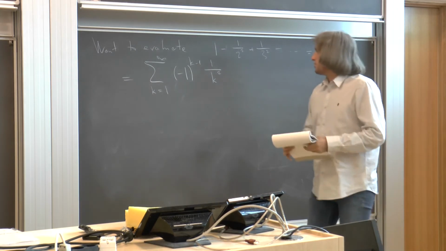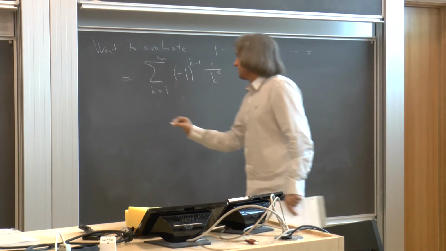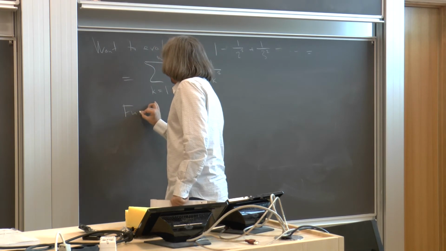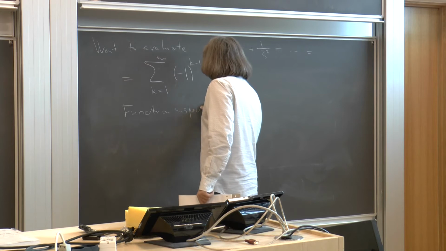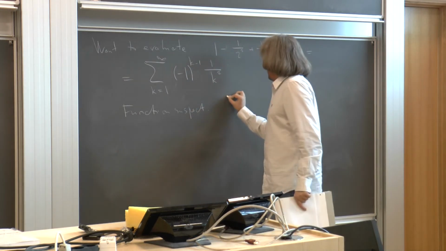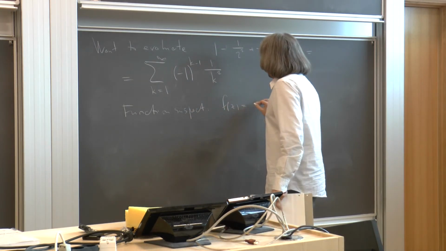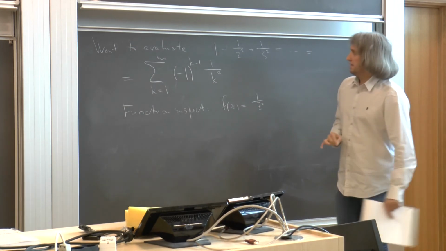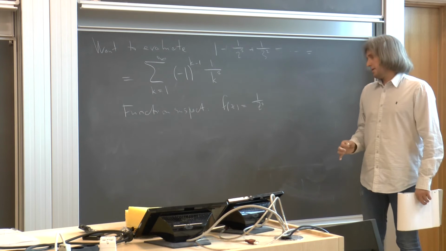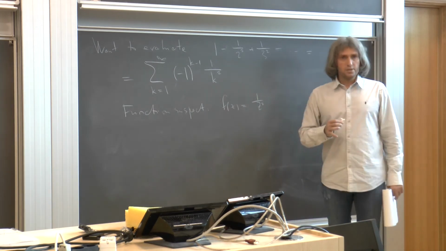So we notice the function we suspect is f of z, which is 1 over z squared. And now we see that there is a problem at 0.